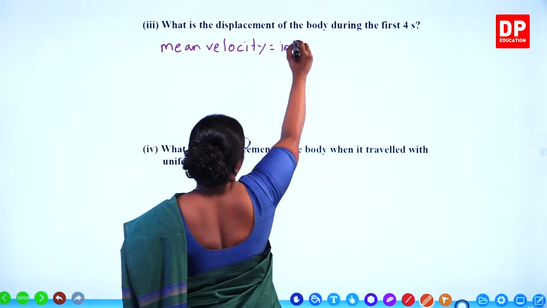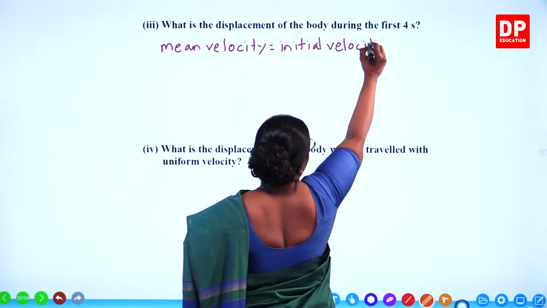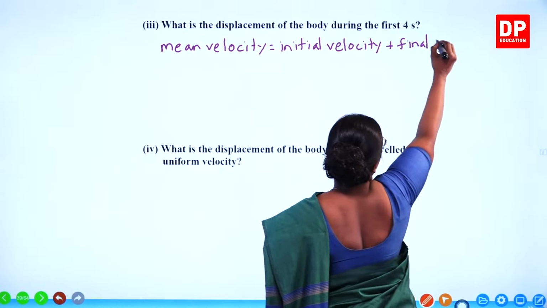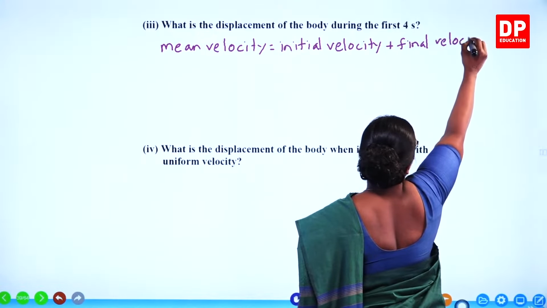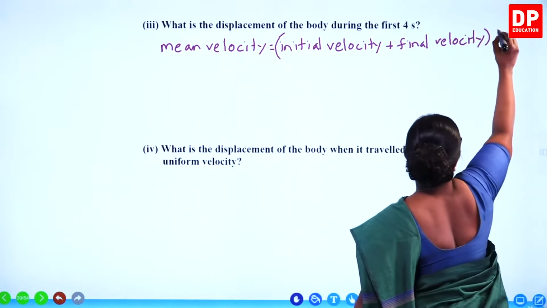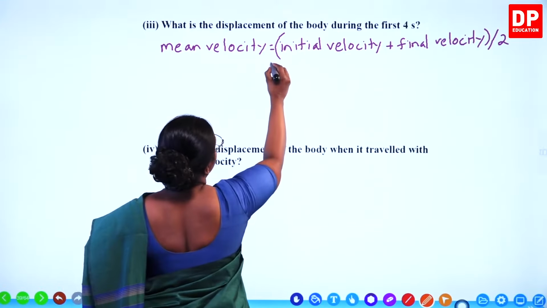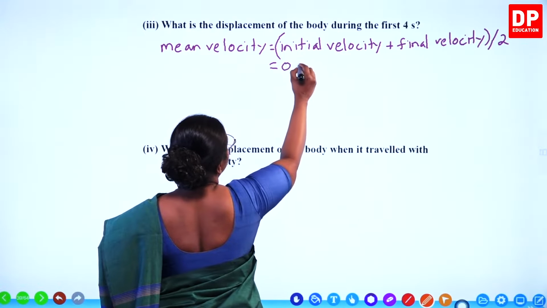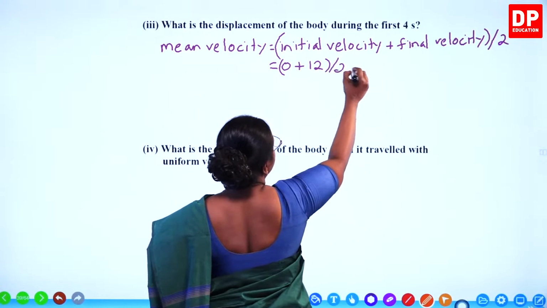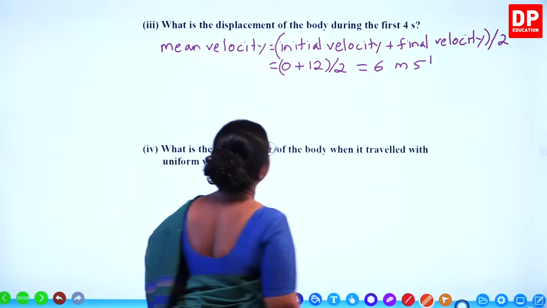Here of course you can write it as initial velocity plus final velocity, to save space, I will write it like this, divided by 2. So that will be equal to 0 plus 12 divided by 2. That is going to be 6 meters per second.